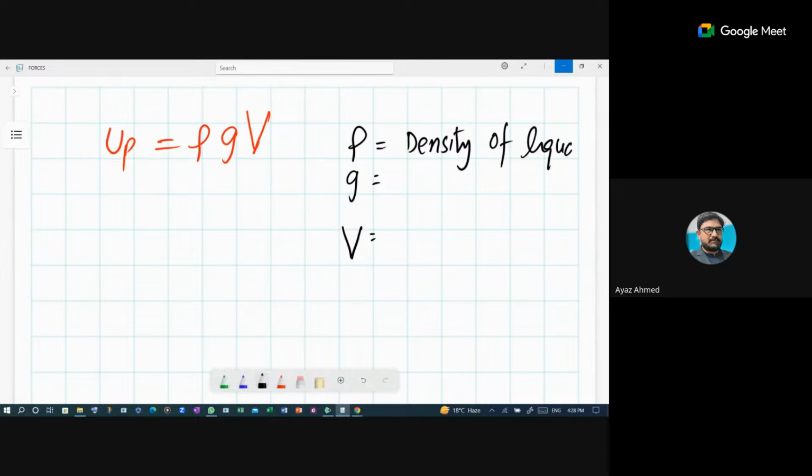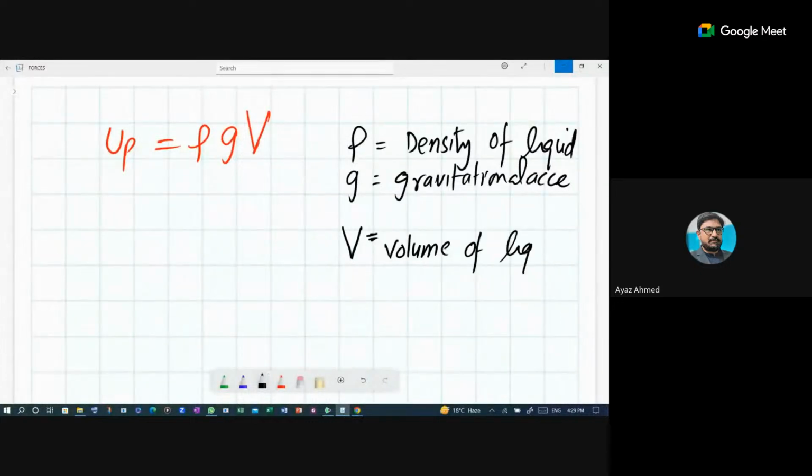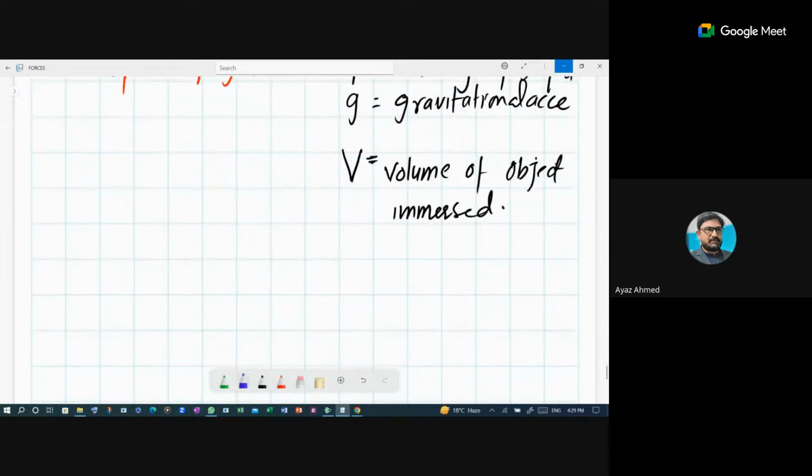So this is basically the main concept of upthrust. When we discuss the questions, it will be very clear to you.